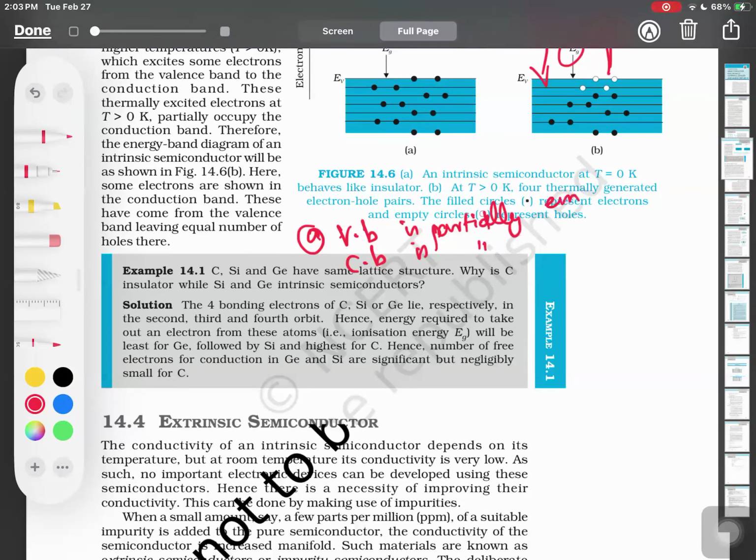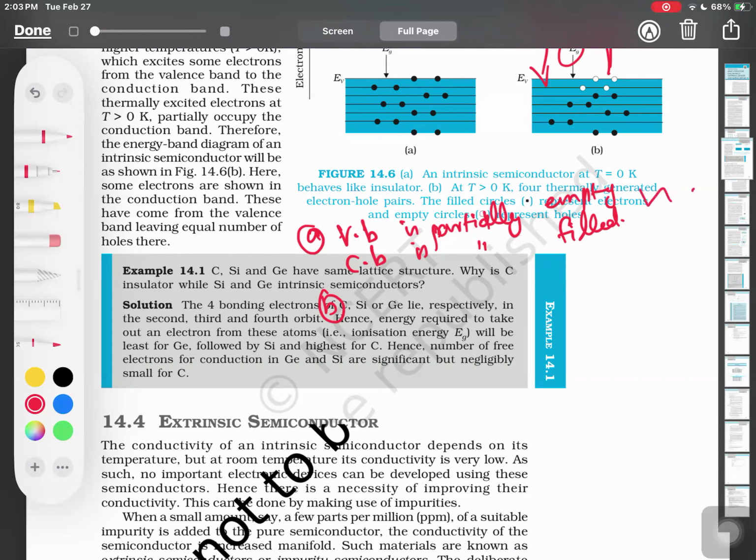Then option B is the valence band is filled and the conduction band is empty. We know that the first option is correct, right?